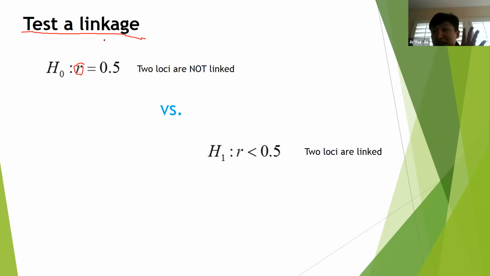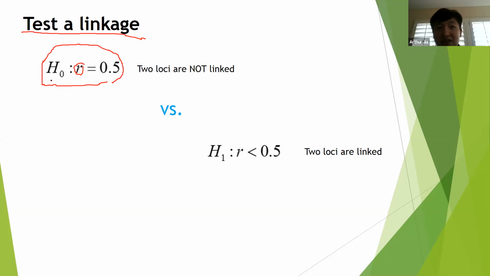So we want to test the linkage between these two, A and B. Now, this is equivalent to testing this hypothesis. We want to test if the R, which is calculated from your data, is equal to 0.5 or not. There are two hypotheses here. In a statistical test, there are usually two competing hypotheses we want to test.